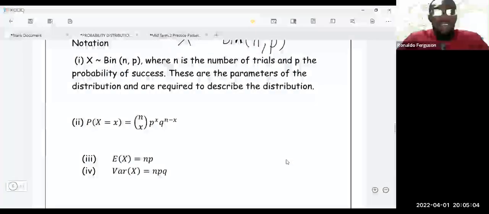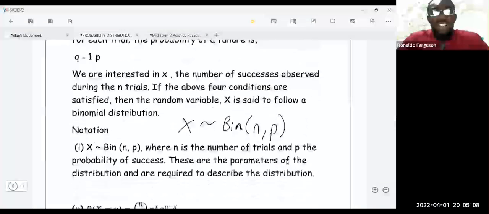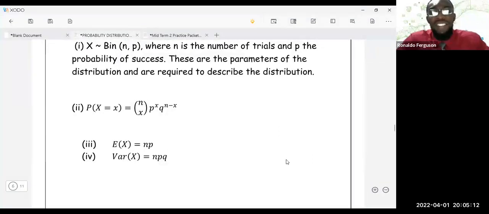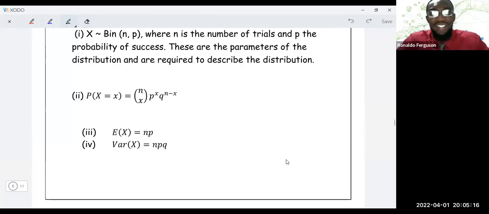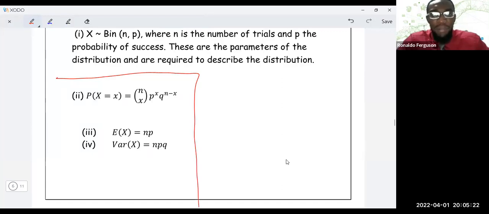Now, all you're going to need to do to remember the binomial distribution is three formulas. Imagine that, just three puny formulas for binomial. So easy. The first one is to find the probability of X equal to little x.